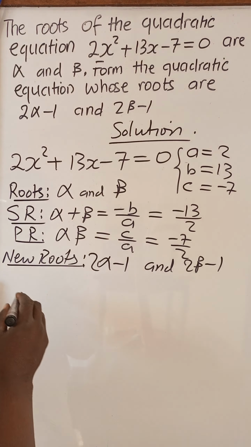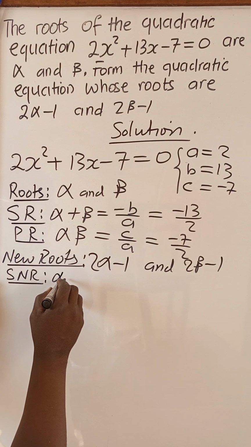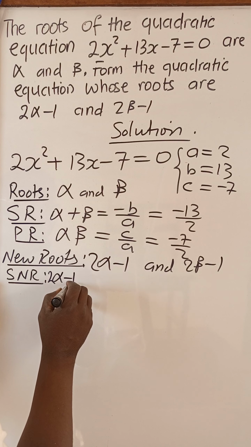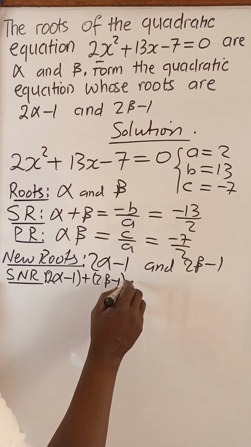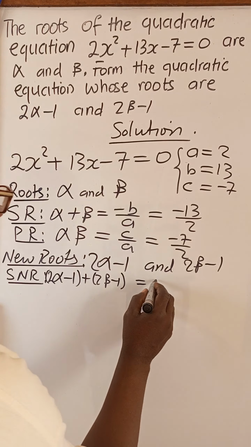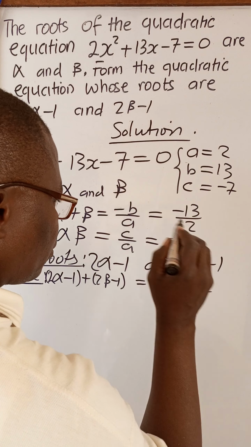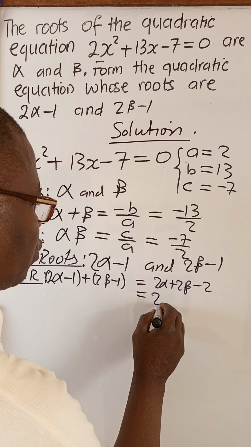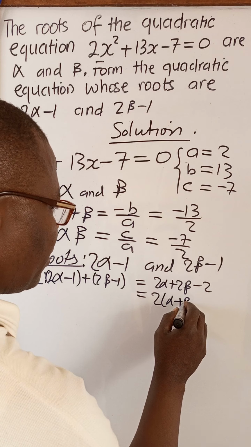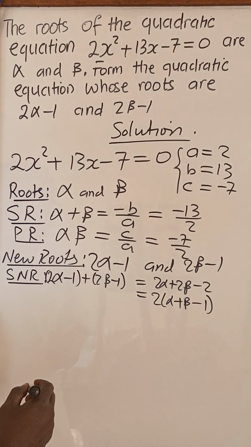So we need to get sum of new roots. Sum of new roots: 2 alpha minus 1 plus 2 beta minus 1. That should give us 2 alpha plus 2 beta minus 2. And we see 2 is common, so we can just write 2 into alpha plus beta minus 1. Okay?